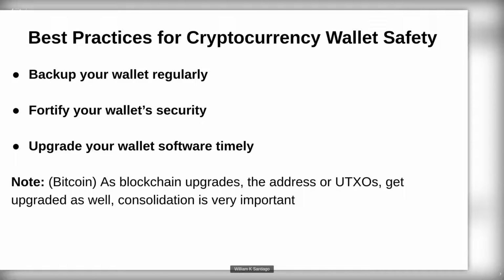In the case of Bitcoin, the reason why we want to upgrade software in a timely manner is that some of the blockchain upgrades happen on the blockchain side. So you could end up with your wallet, let's say, using a specific old version, because Bitcoin makes all these upgrades backwards compatible.